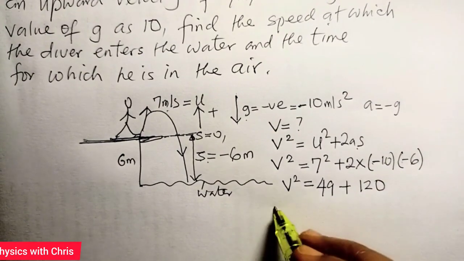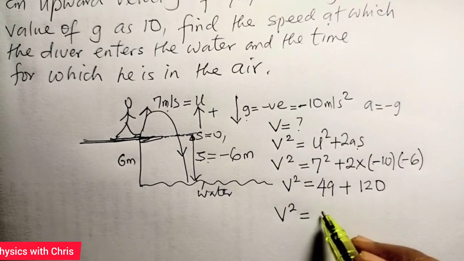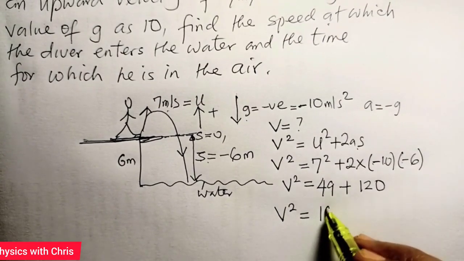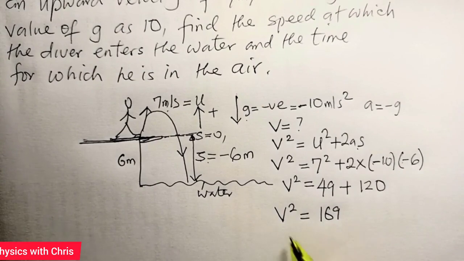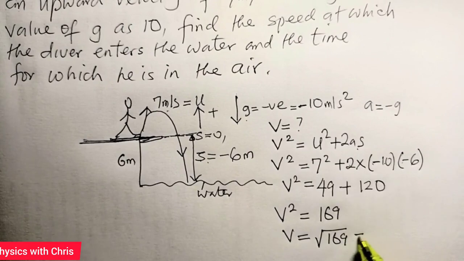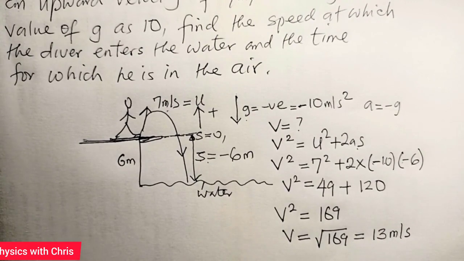So by the time I sum both of them, I have v squared equals 169. So the v, I take square root of both sides. Square root of 169 will give me 13 meters per second. So the diver enters the water with a speed of 13, having taken off from the springboard with a speed of 7 meters per second.